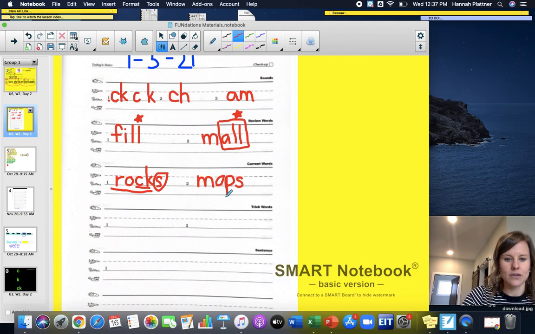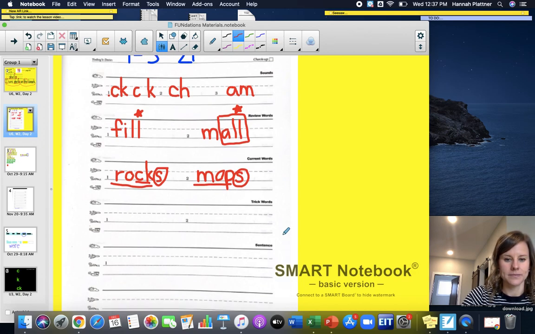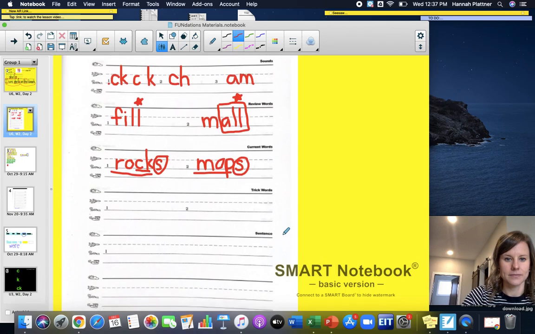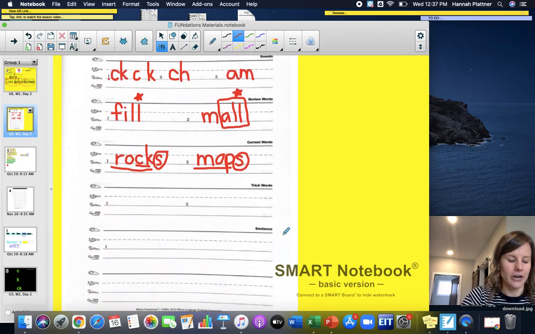All right. Go ahead and mark up your word, underline the base word, and circle the suffix. Perfect. Okay. Trick words. We have 2 trick words today.